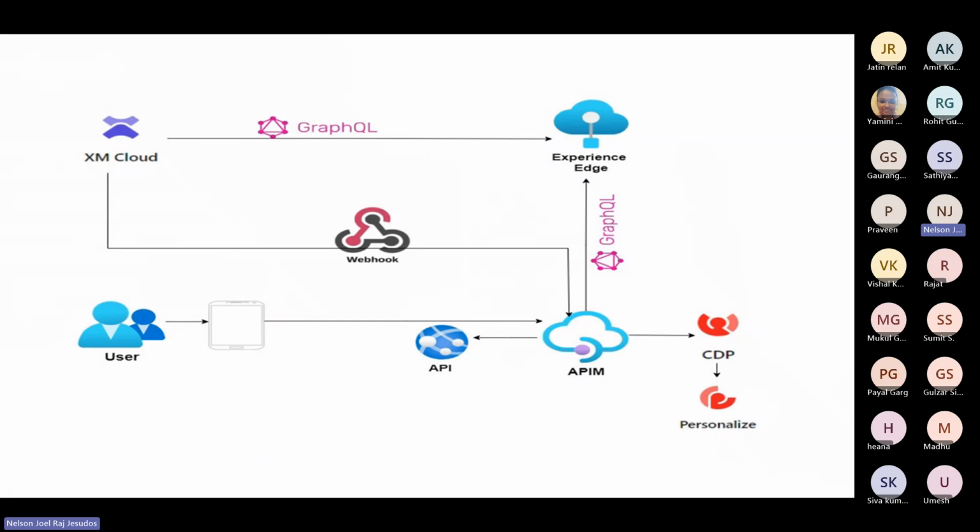Let's see the architectural diagram for the mobile app that will communicate with our XM Cloud environment. This is a very simple architectural diagram, and it is working well in production right now. We are using XM Cloud as our data provider.